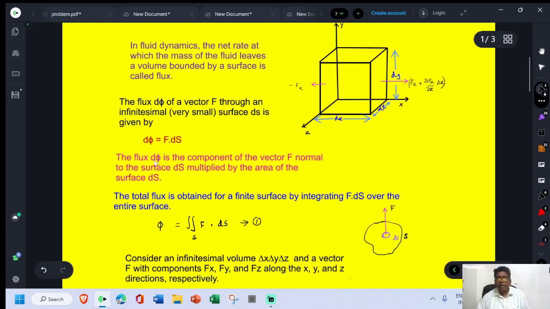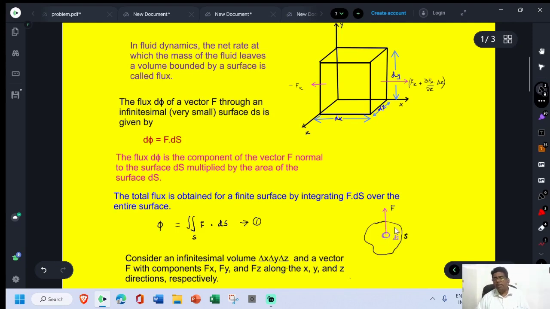The flux dΠ is the component of vector f normal to the surface ds multiplied by the area of the surface ds. That means vector f into area of the surface ds, which will provide the amount of fluid coming out of the smaller region ds.